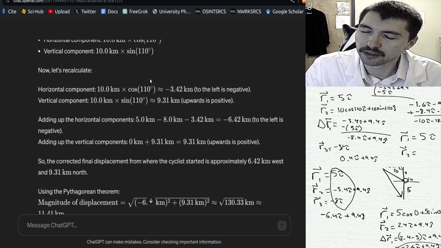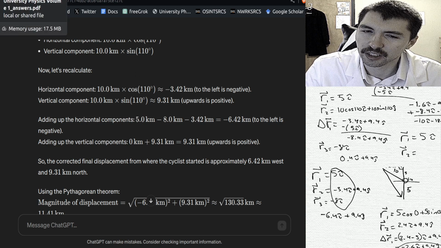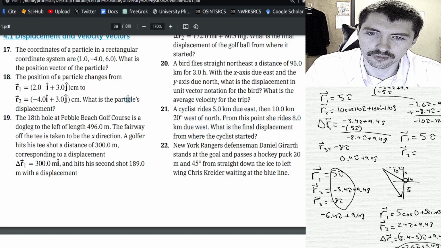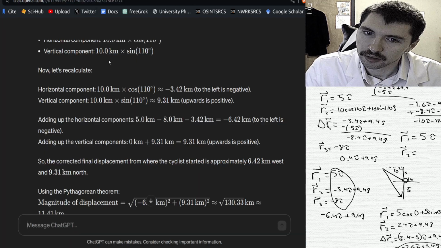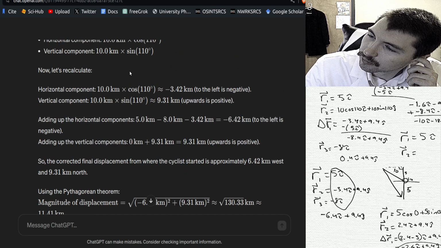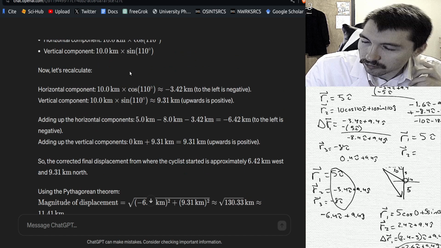Doesn't really make sense as far as how the textbook was directing me. As you can see, I thought you had to do delta R for displacement. I mean, that's what the question is asking. What's the final displacement? So, yeah.